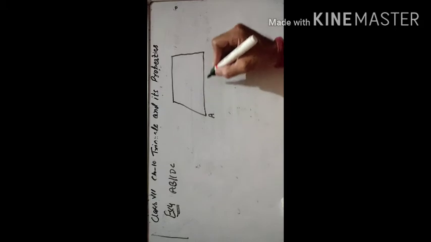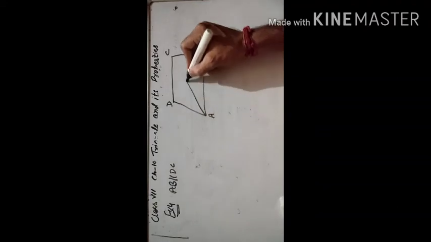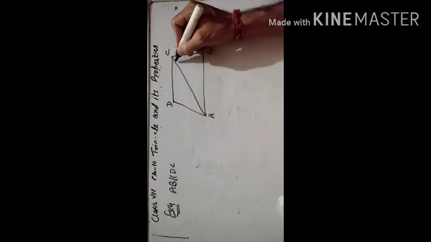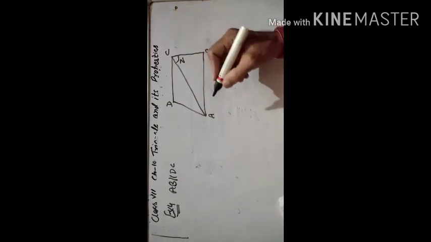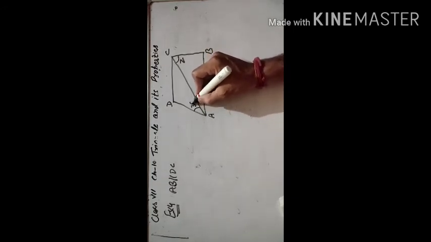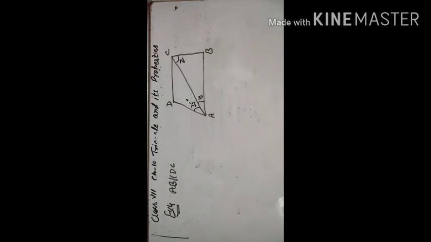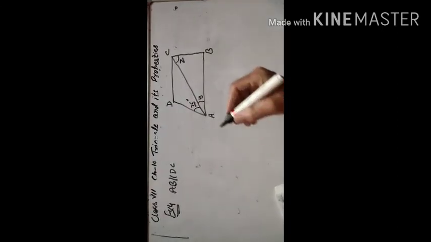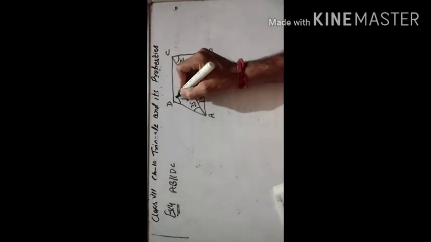This is A, B, D, C, and this line is there. This is angle z. This is y. This is 35 degrees. And this angle is x.